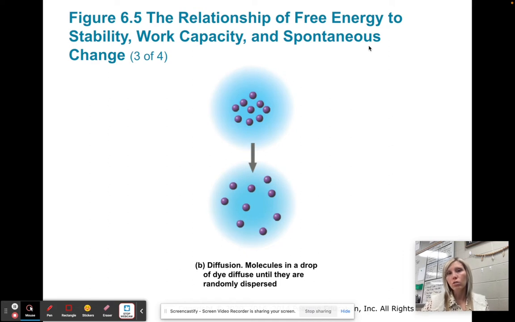A spontaneous reaction is one that's going to be energetically favorable, so it's not requiring an additional input of energy from the environment, but instead it would probably naturally happen over time. And these spontaneous reactions are the ones that we're going to associate with a negative change in free energy. So you're going to see negative delta G's here in just a moment.